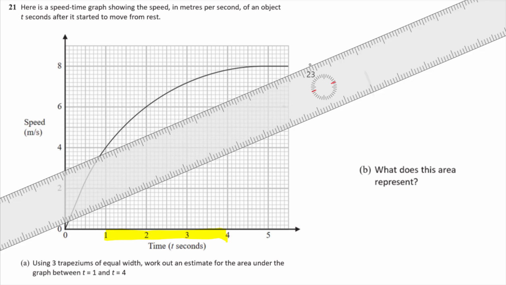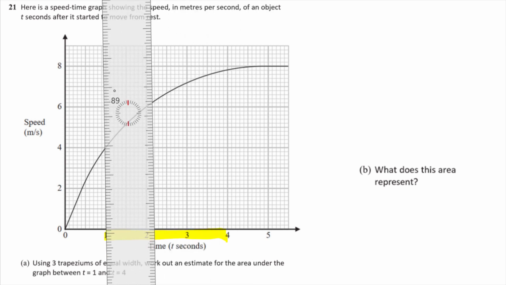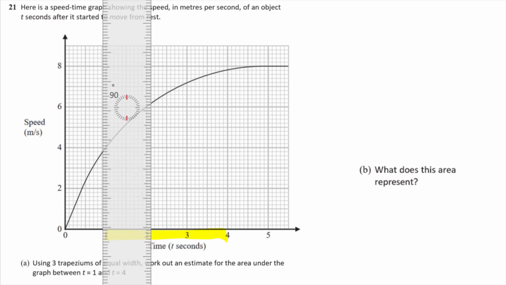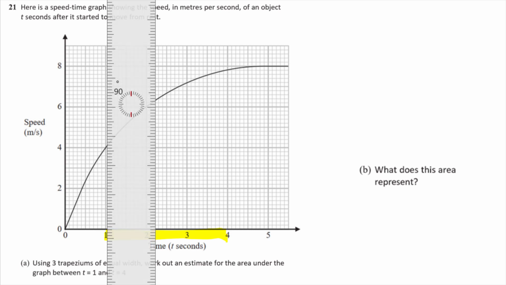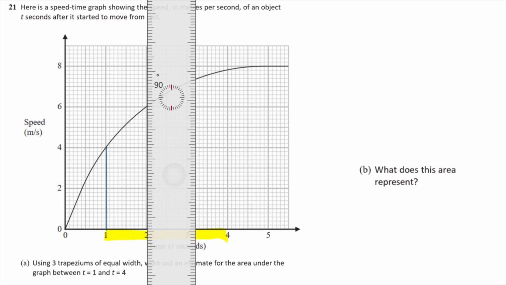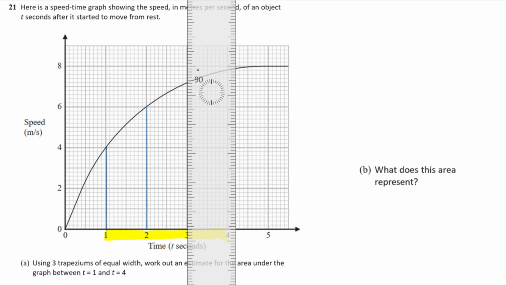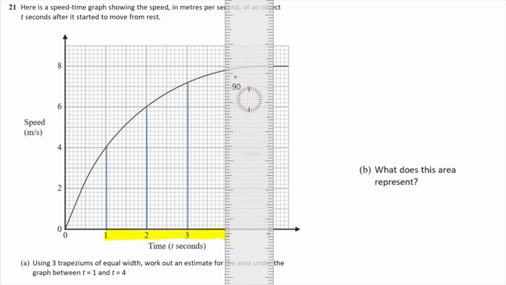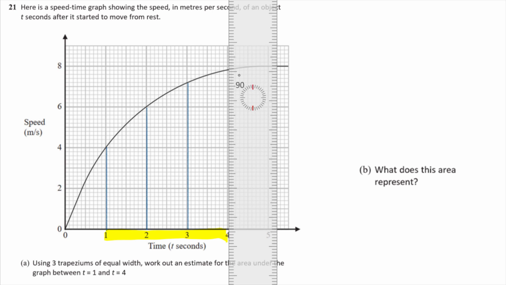So I'm guessing we do it here, here, here, and here.